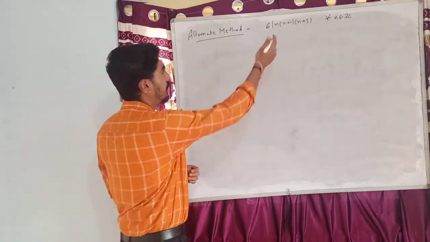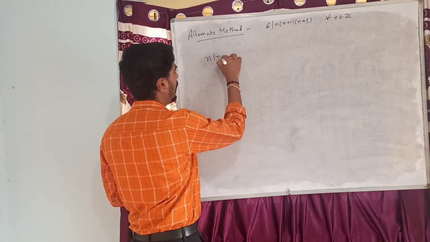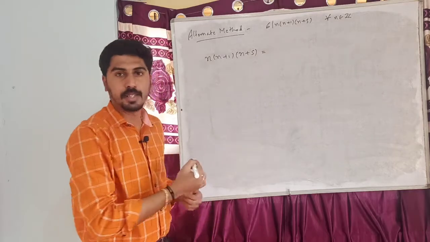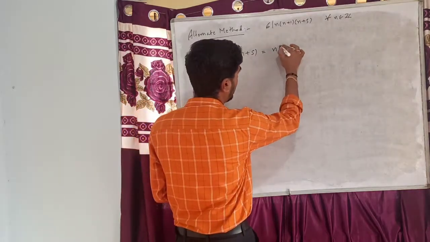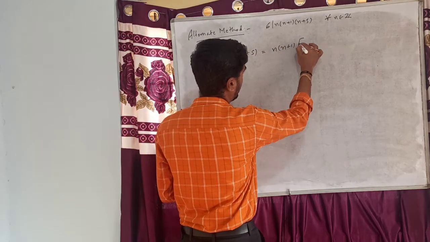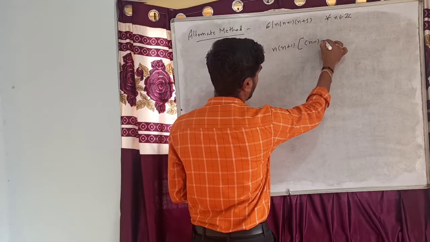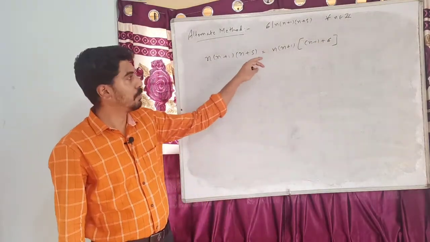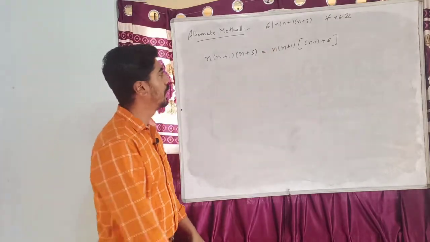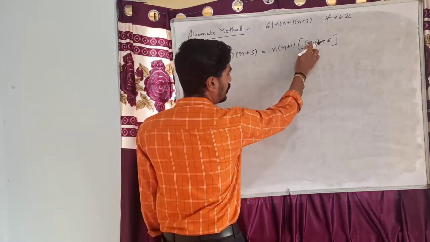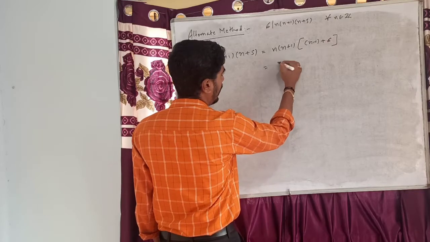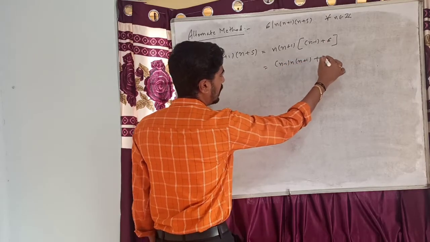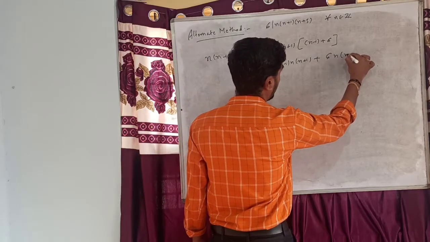First I consider this product n into n plus 1 into n plus 5. This can be written as n into n plus 1 into n minus 1 plus 6. Here 5 is written as minus 1 plus 6. If I multiply this to these two terms, I get n minus 1 into n into n plus 1 plus 6 into n plus 1.